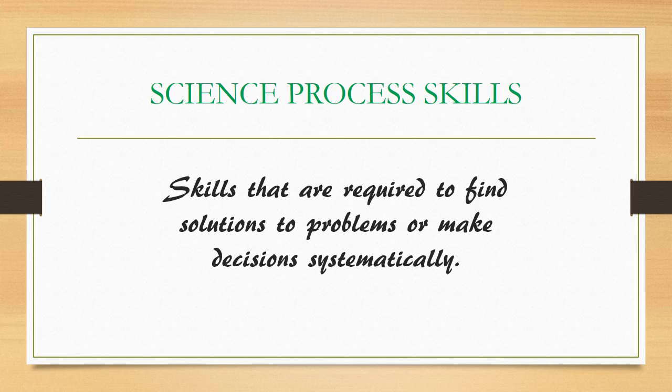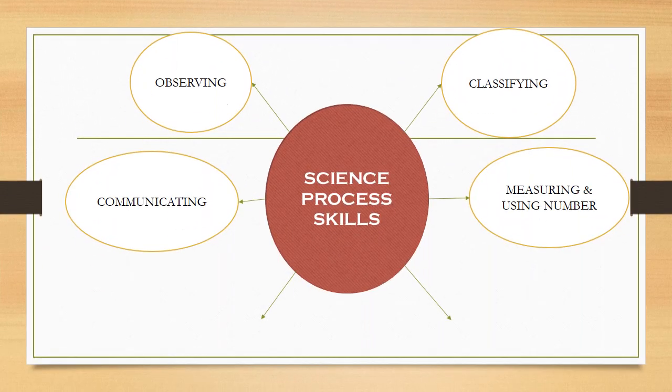During Year 2, we have learned that there are process skills. First, observing. Second, classifying. Third, communicating. And fourth, measuring and using number. We are going to have revision about these four topics.